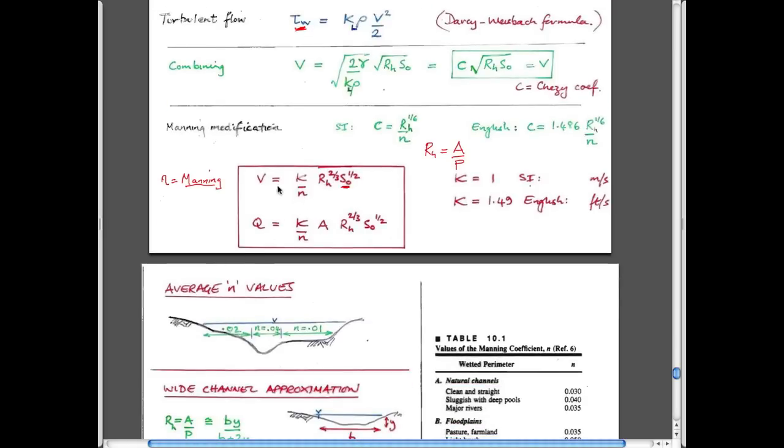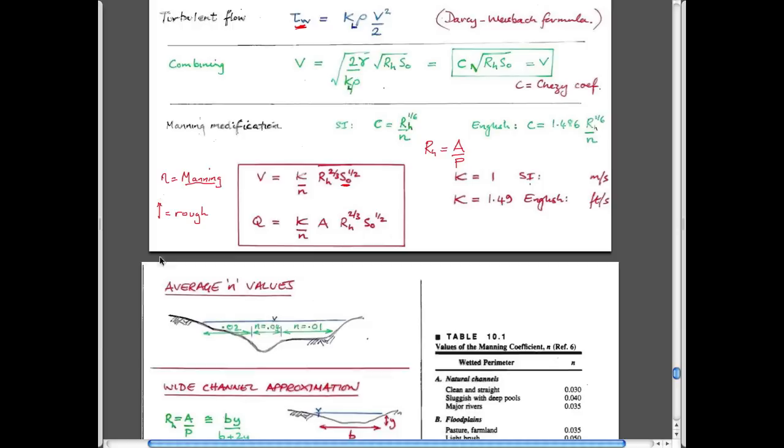So you'd imagine that if N is larger, it will make velocity smaller. So larger means rougher. A high value of N equals a rough pipe or a rough conduit.